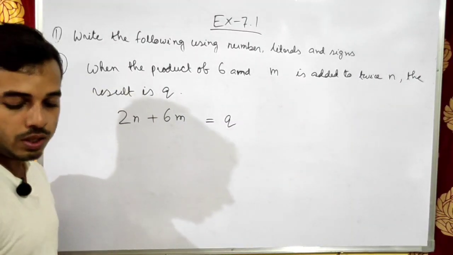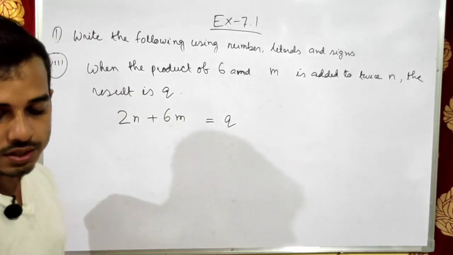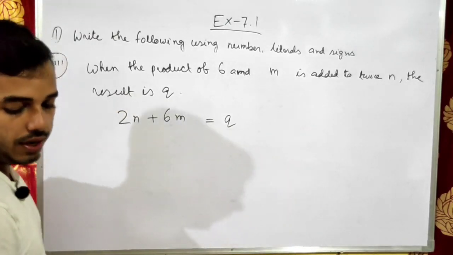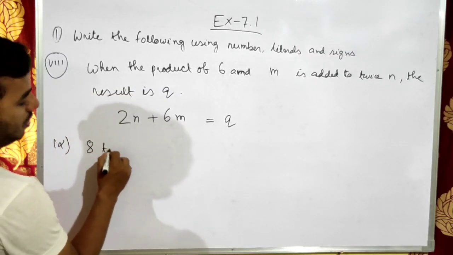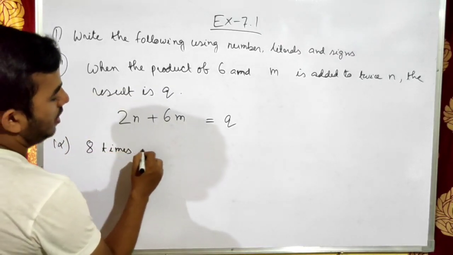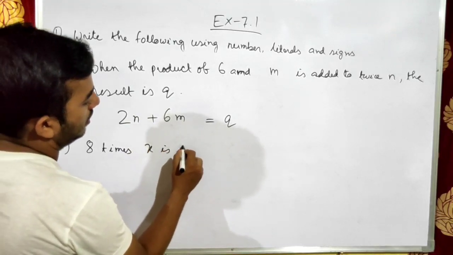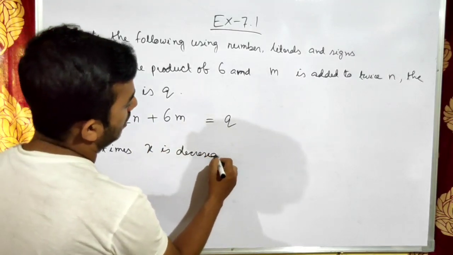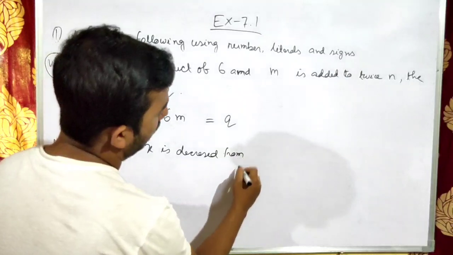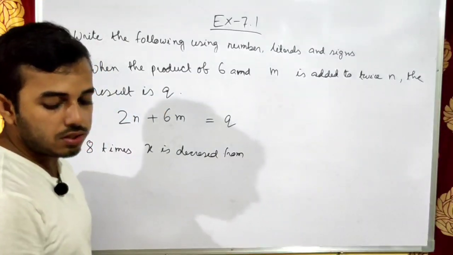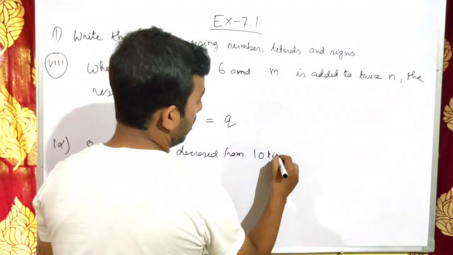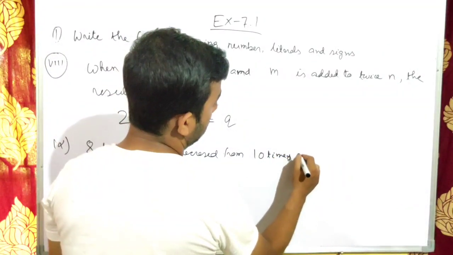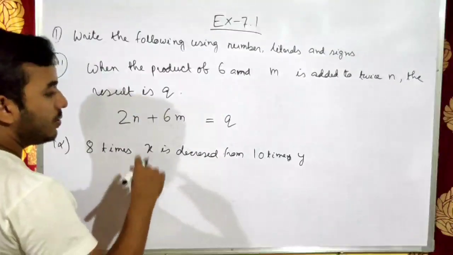Okay, next one: 8 times x is decreased from 10 times y. Okay, so decreased means what?